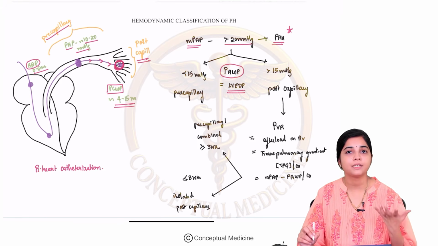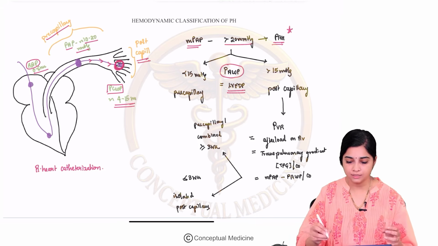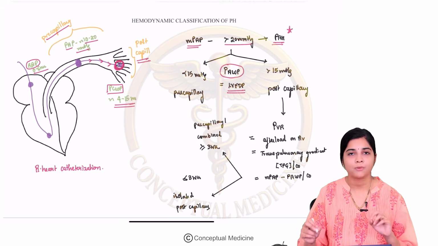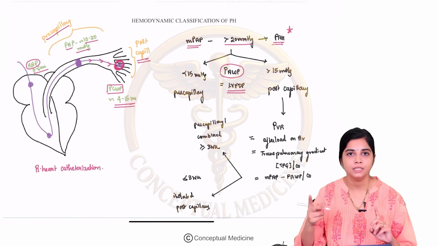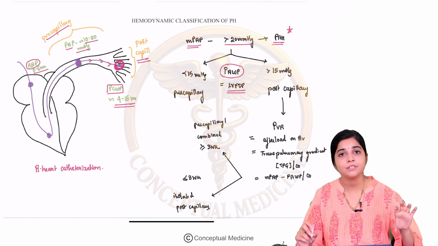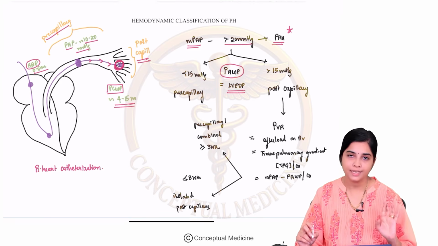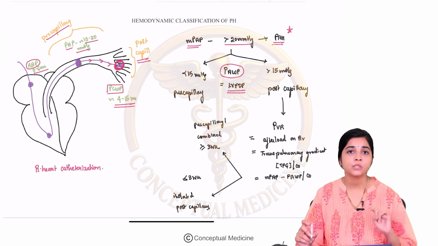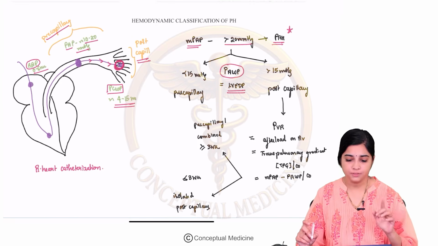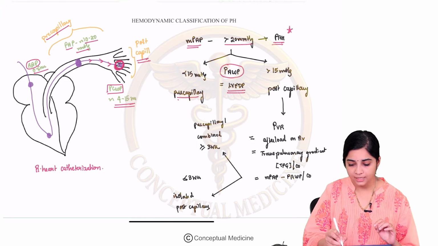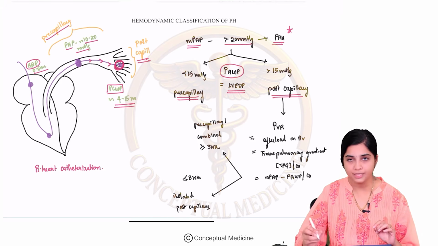So the pulmonary capillary wedge pressure is basically equal to your left ventricular end diastolic pressure, provided there is no problem with the LA or the pulmonary artery. So the pulmonary arterial wedge pressure is representative of the LV end diastolic pressures. Based on the pulmonary artery wedge pressure, you can divide the pulmonary hypertension into pre-capillary and post-capillary types.